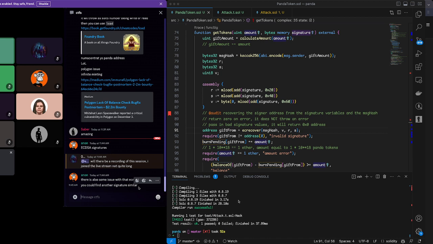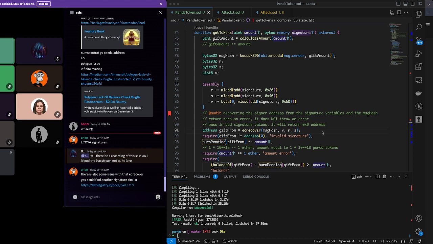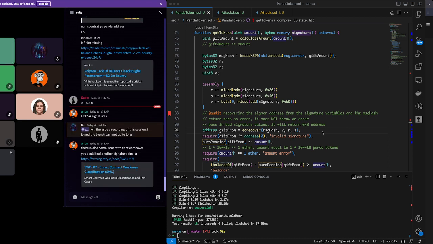You could find another similar signature which could result in issues. So you wouldn't want to use the signature as a nonce, right? Because theoretically that signature could be recreated with a slightly different input to the function, based on how the inputs are encoded, whether it's packed or not, things like that. So there are some common vulnerabilities around ecrecover and how signatures work on chain that you should be aware of.